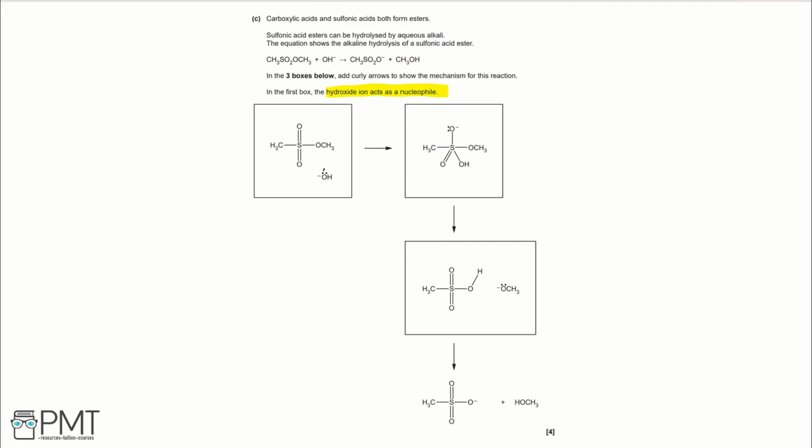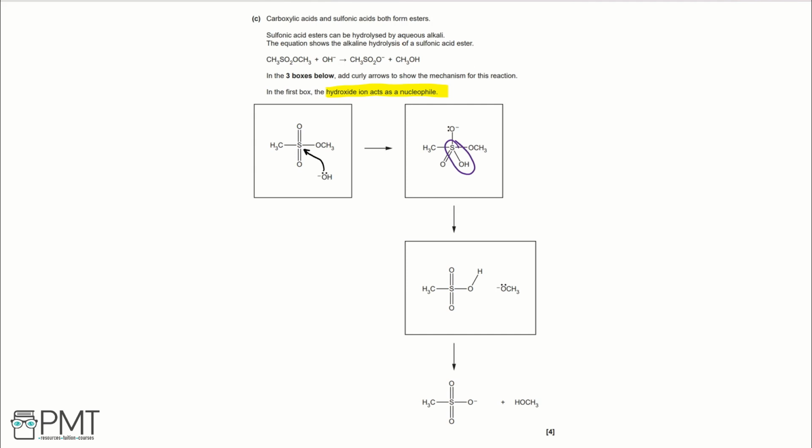We're going to have a curly arrow from the lone pair on the oxygen of the hydroxide ion to the sulfur, and that's going to have a delta positive charge. But we're not asked to put dipoles on, so we don't need to worry about that at this stage. We also know that it should be added to the sulfur or bonding to the sulfur based on the intermediate here. We've got this SOH bond.